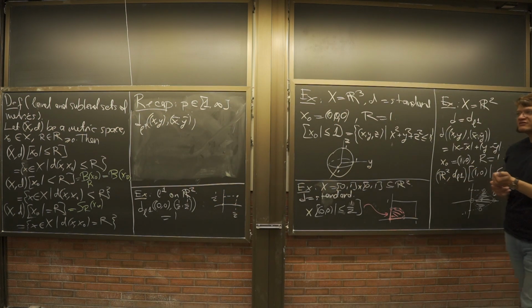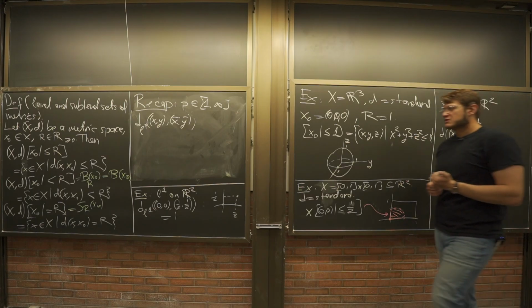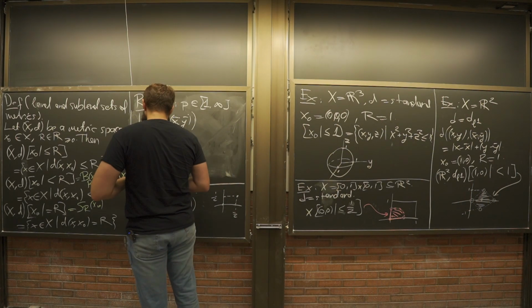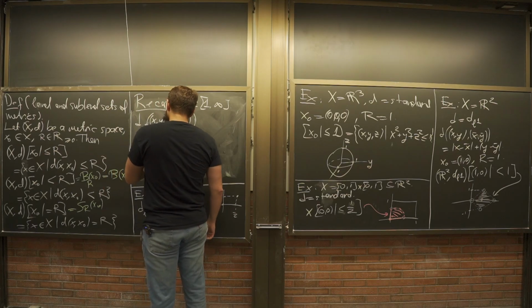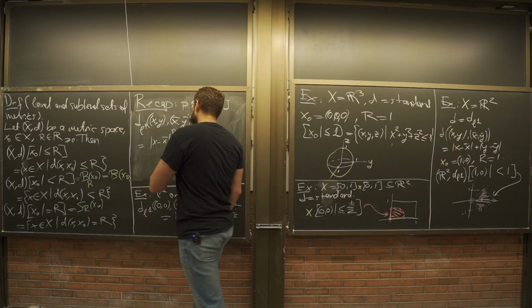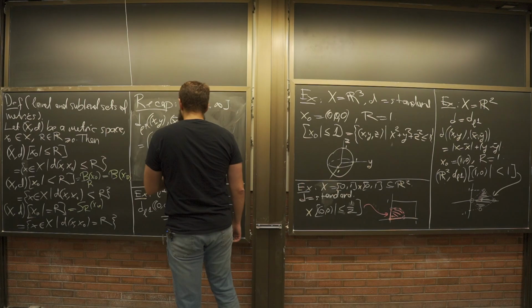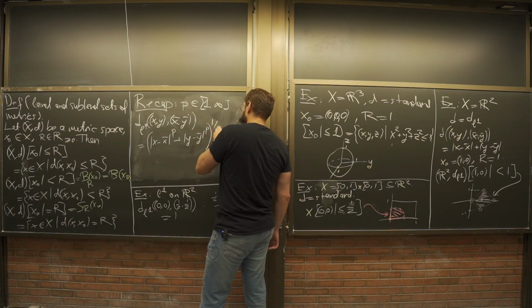R2 is a vector space, and I can just look at the Lp norm on it. And so this is going to be |x minus x bar| raised to the power p plus |y minus y bar| raised to the power p, everything raised to the power 1 over p.